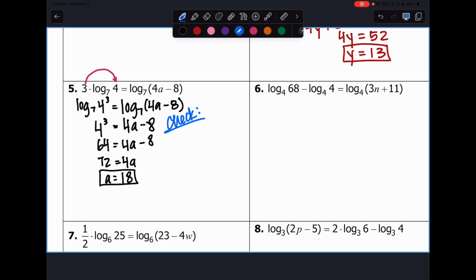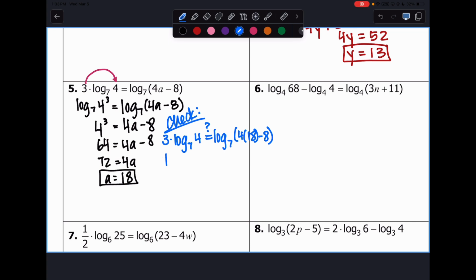Check. So we're going to do 3 times log base 7 of 4. Does it equal log base 7 of 4 times 18 minus 8? Now, do you know how to change? What's the change of base formula?